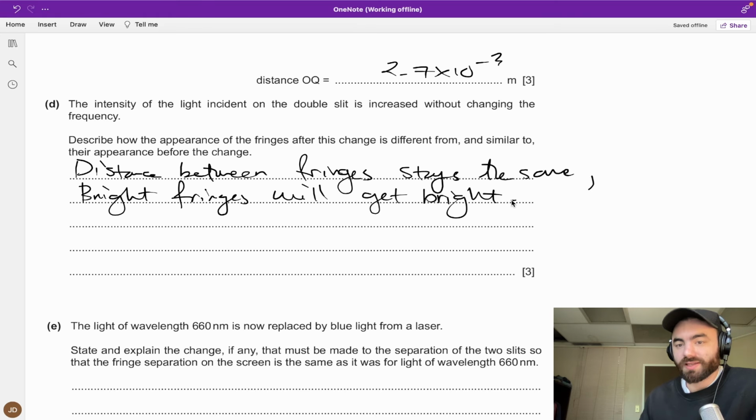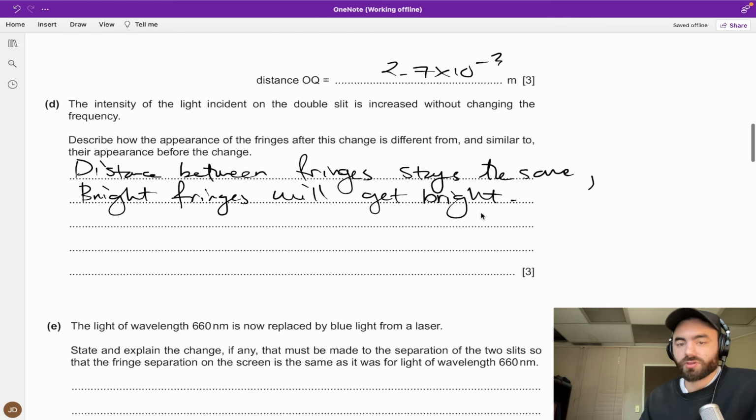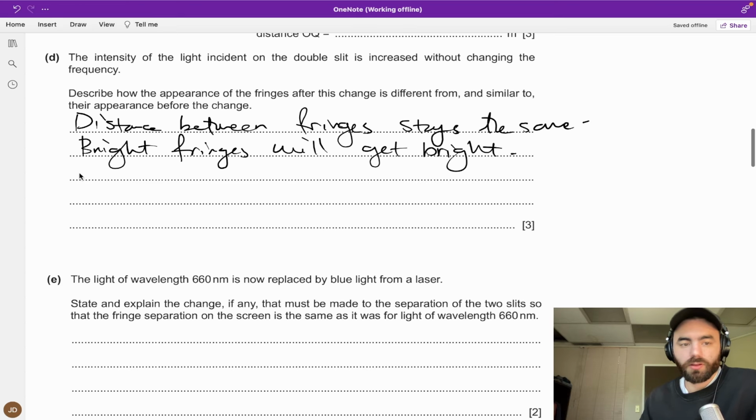It's increasing its amplitude. So therefore, when they're constructively interfering, if the amplitude is being increased, then it's going to be bigger and it's going to be more intense. So the bright fringes will be brighter. I guess you say the dark fringes will be unchanged.